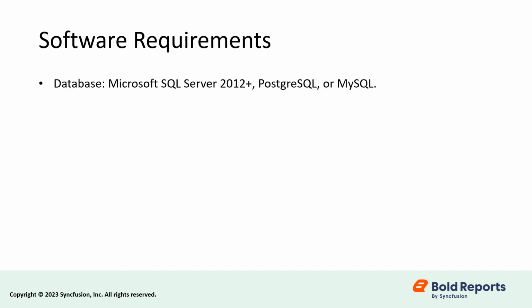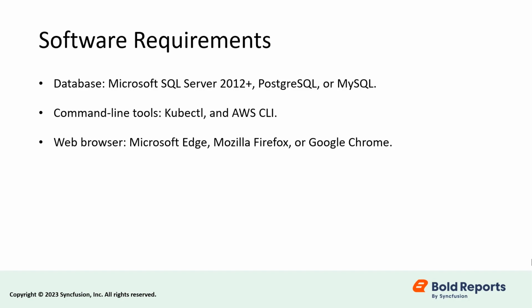The software requirements are: a database like Microsoft SQL Server 2012 or newer, PostgreSQL or MySQL. Make sure your database is accessible outside the machine, too. The command line tools kubectl and AWS CLI. And any web browser like Microsoft Edge, Mozilla Firefox, or Chrome.